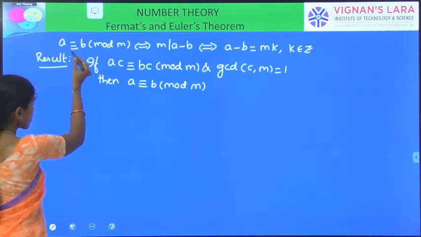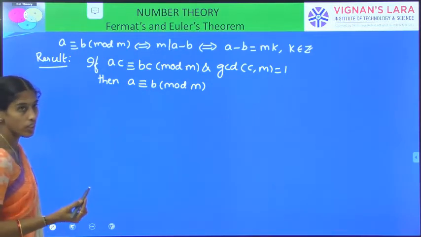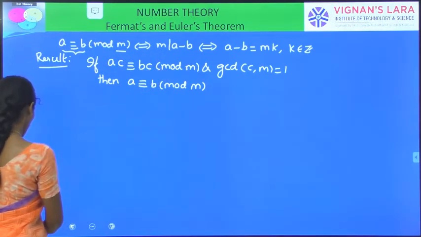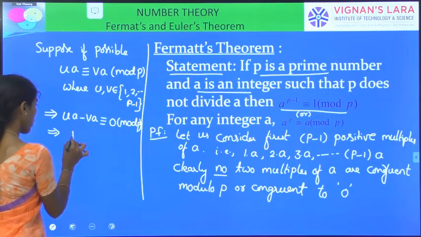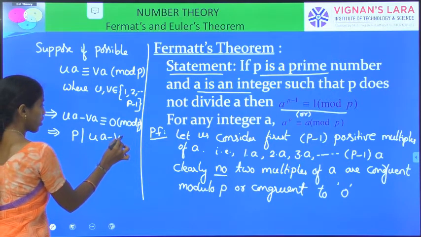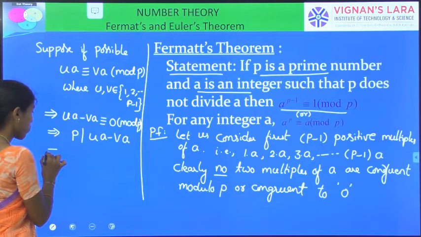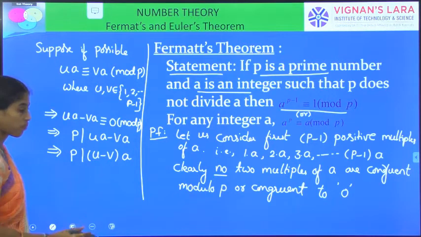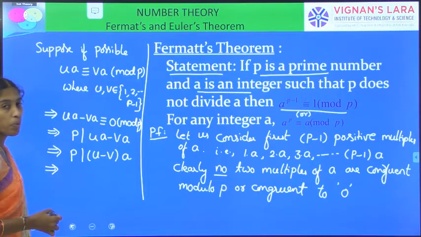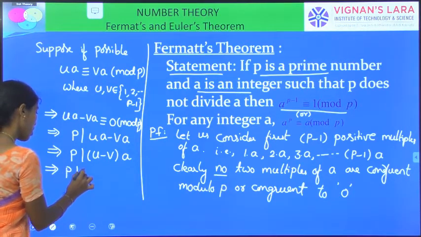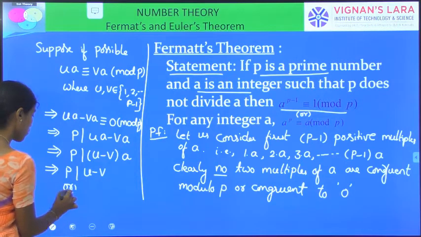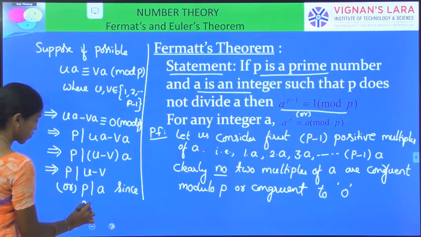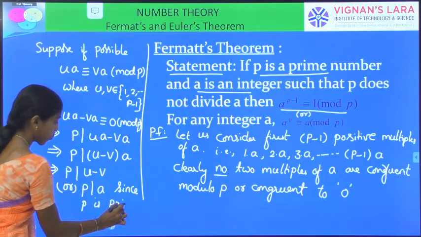So by using the definition of congruence, what is the definition? A is congruent to B mod M means M divides the difference of A and B. So here P divides UA minus VA, which implies P divides U minus V into A. Because P divides U minus V into A, either P divides U minus V or P divides A, since P is a prime number.